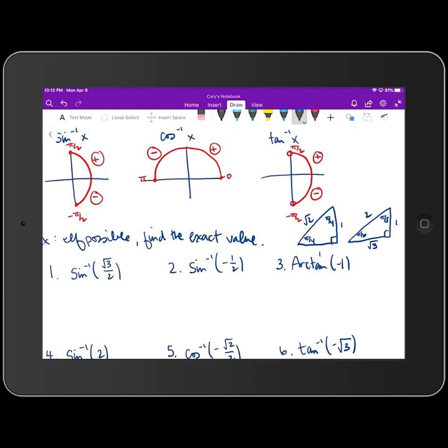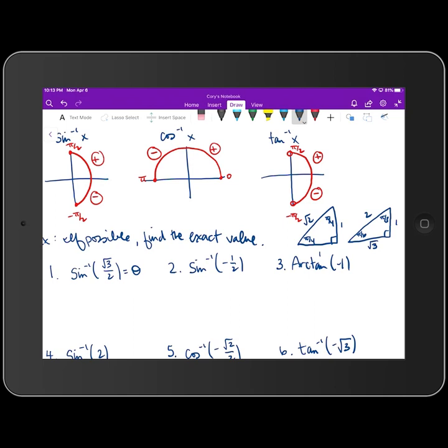The way I'm going to suggest you do these early on requires a little more work on your part, but I think it's going to help you understand things better. And as you practice more, you're not going to need to work through this intermediate step that I'm going to show you. For number 1, we're going to set the inverse sine equal to some angle measure theta, because we know the output for any inverse trig function is going to be an angle measure of some type.